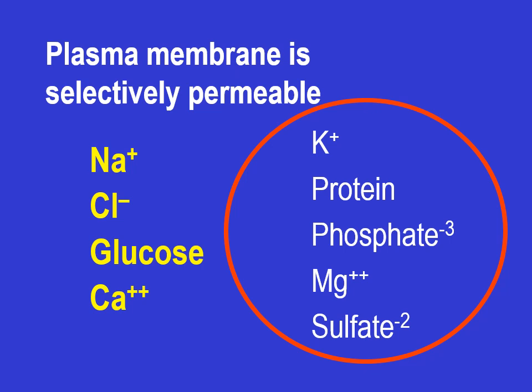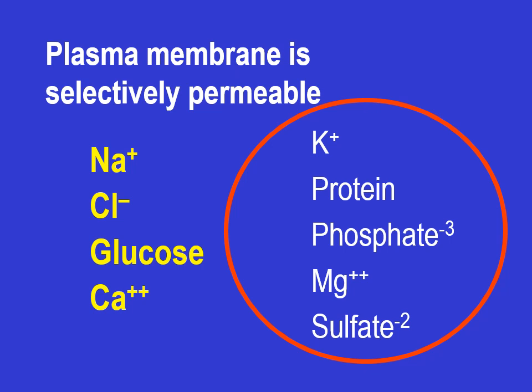Phosphate is more concentrated inside the cell and has a net negative charge. Magnesium ions are more concentrated inside the cell. Magnesium is a divalent cation, two positive charges. Sulfates, sulfur bonded to oxygen, are more common inside the cell than outside the cell.